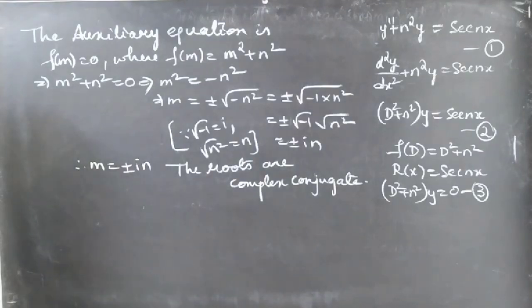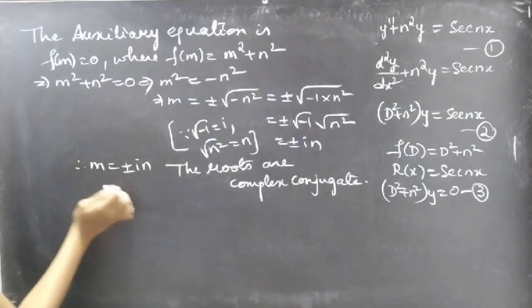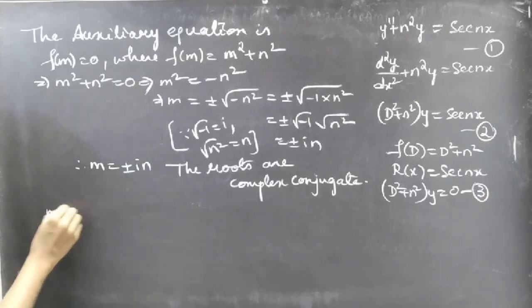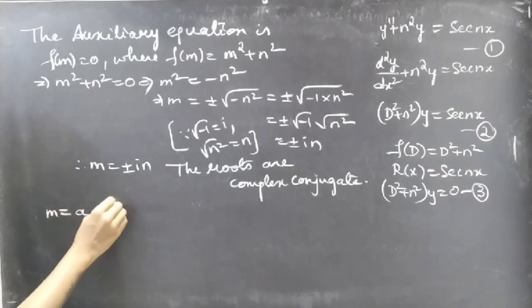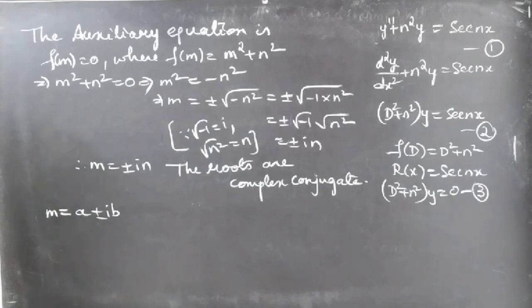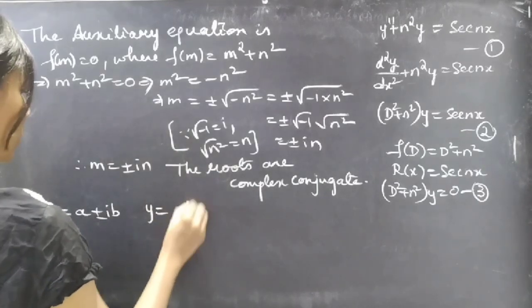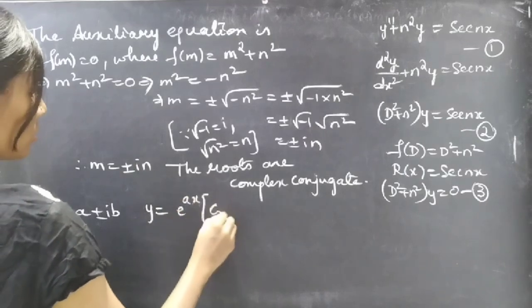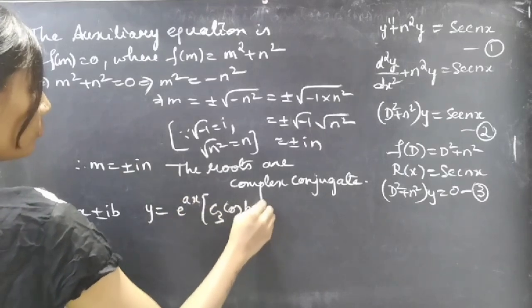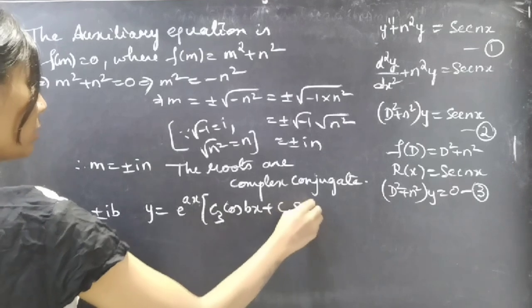We know that when we have a pair of complex conjugate roots, say a plus or minus ib, then the solution to the homogeneous equation looks like y equal to e power ax into C3 cos bx plus C4 sin bx.